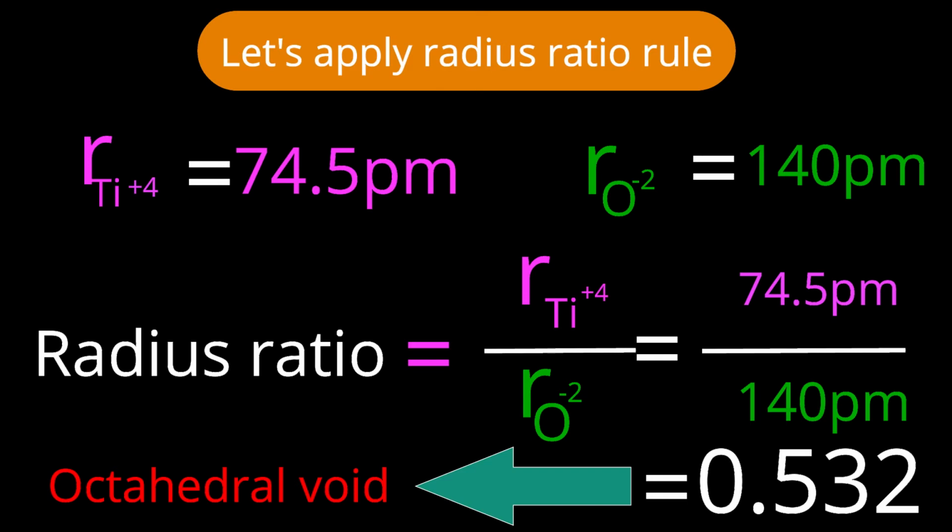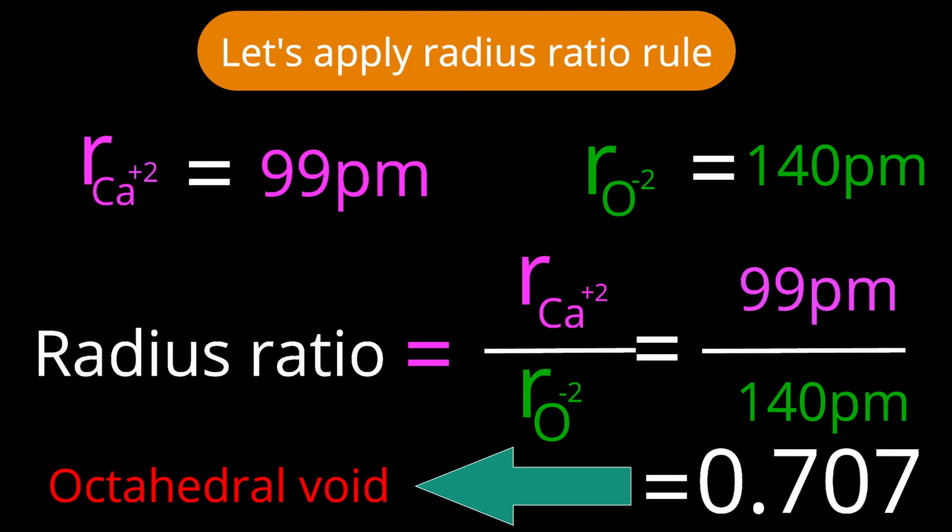Now this number stands within 0.414 and 0.732. It means what should be the coordination number of titanium plus 4? Yes, 6. If 6 is a coordination number, then what kind of void should remain present? Of course, octahedral void. So we expect that titanium plus 4 should be in octahedral void of oxide ion arrangement. But let us see what is the reality.